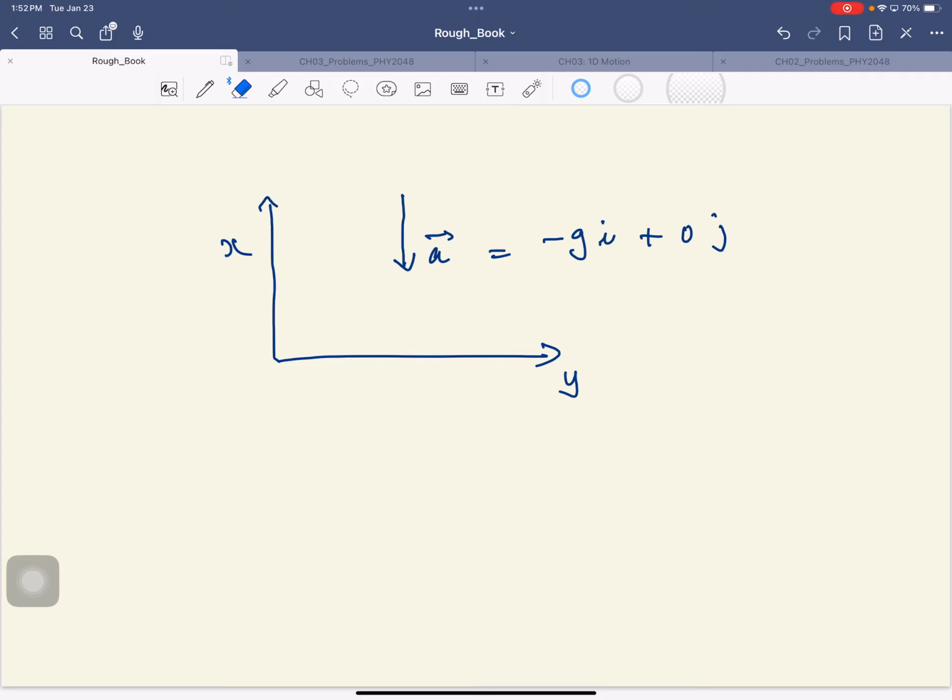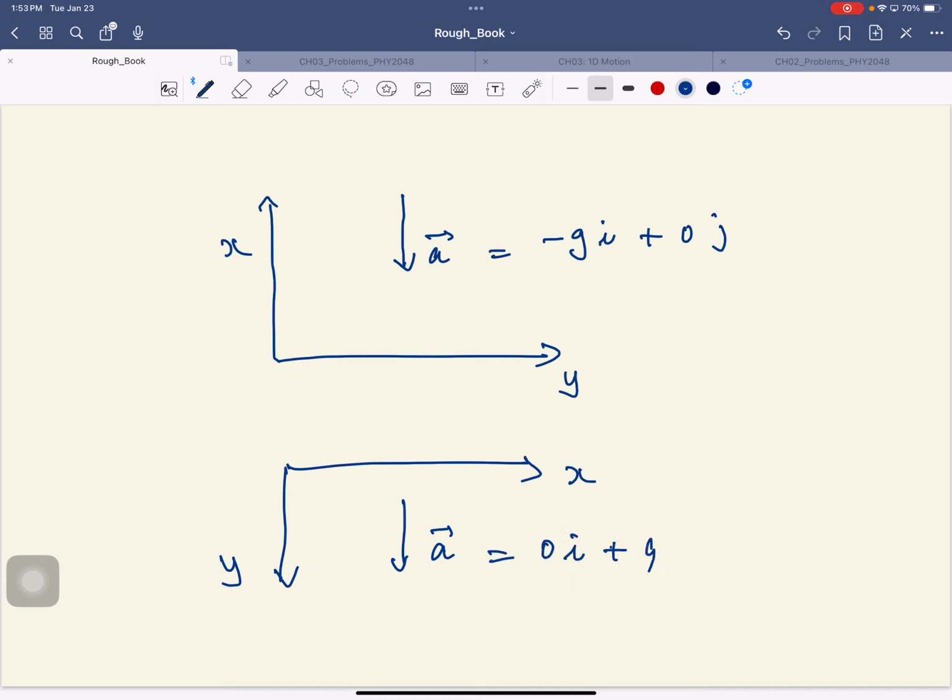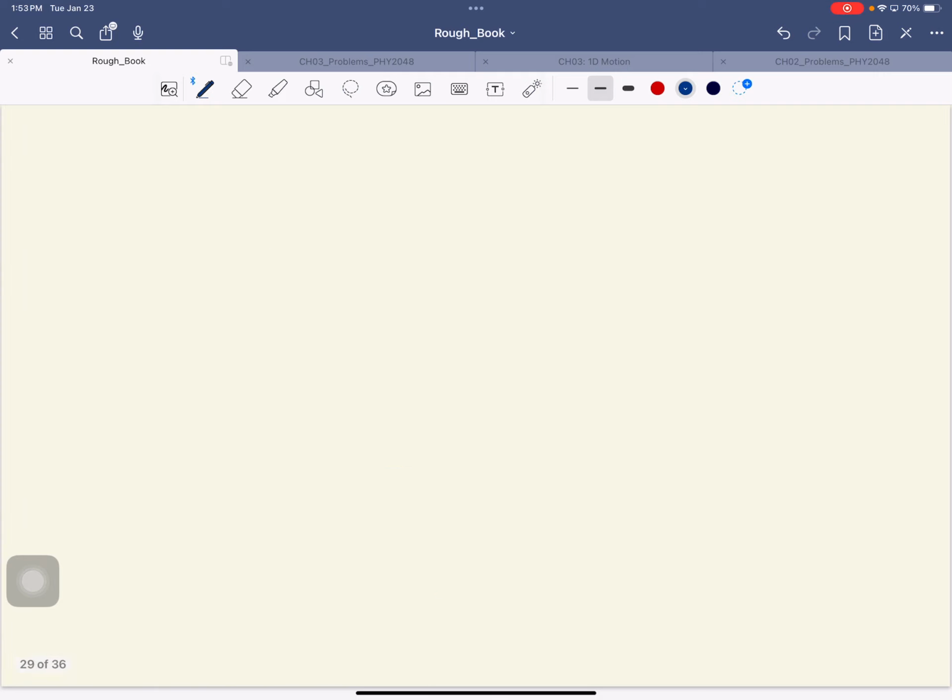Anybody else? 0 i minus 10 k? So you guys understand the acceleration vector always is pointing down, and its components will depend on your choice of axis. If you like to make life hard for yourself, you can choose this kind of axis.